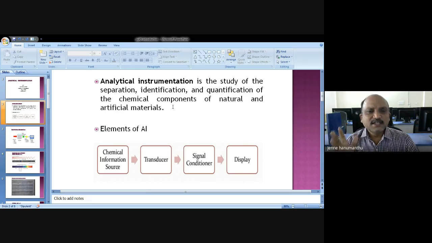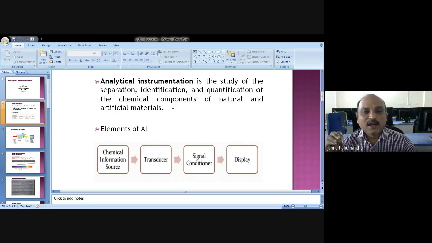In the elements of analytical instrumentation, generally we have four blocks available. Of course, as per your requirement, as per the analysis process and available chemical components, you can place any number of blocks, no problem. But generally there are four blocks.